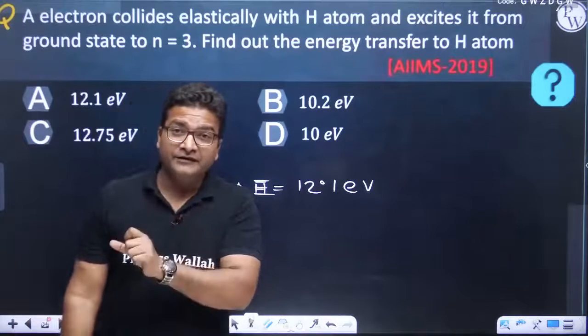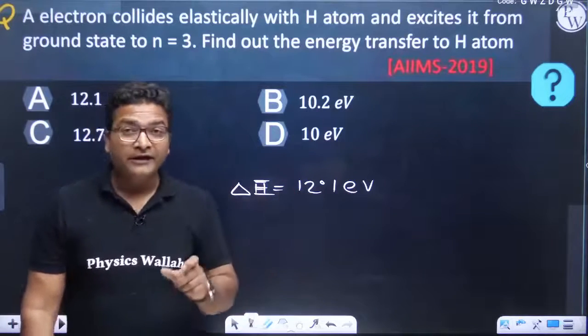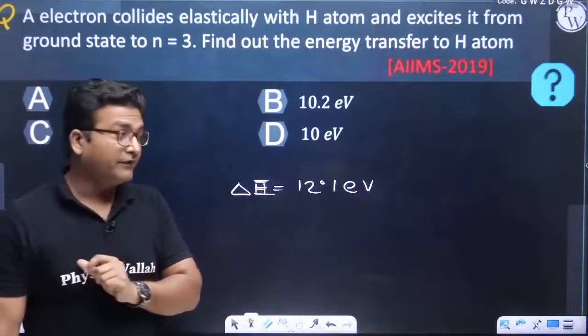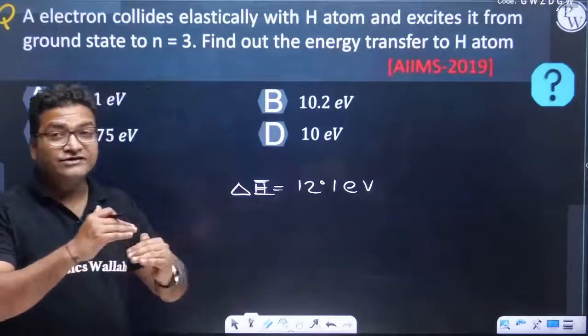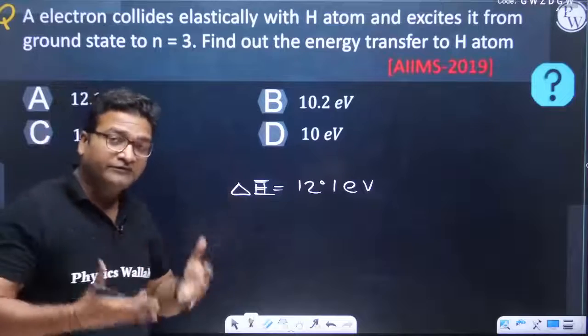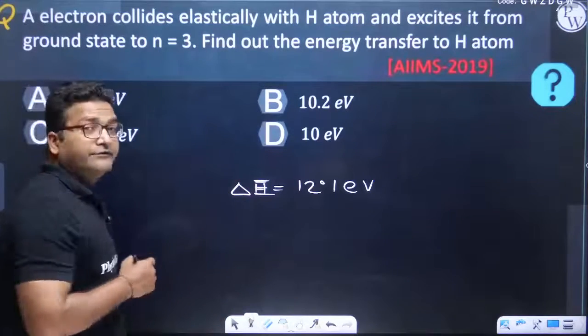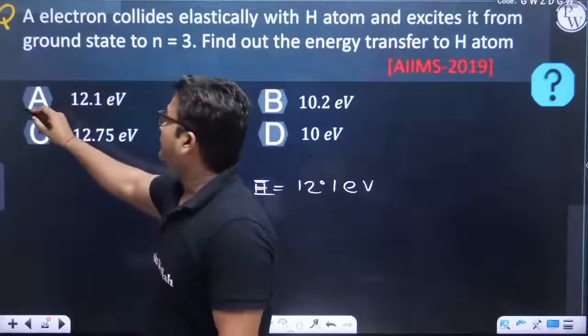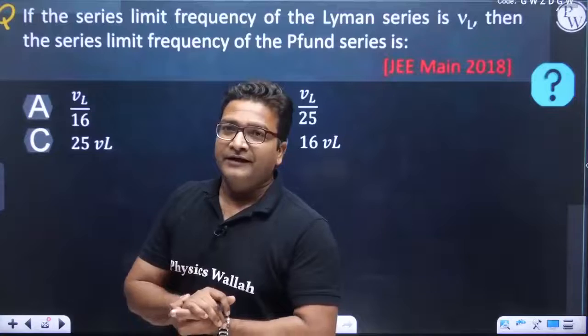We have remembered these data. From 1 to 3 the difference is 12.1, and from 1 to 4 it is 12.75. So obviously this is the energy gained by the atom, and this is the energy transferred to the hydrogen atom. So the correct answer is A, 12.1 electron volt.